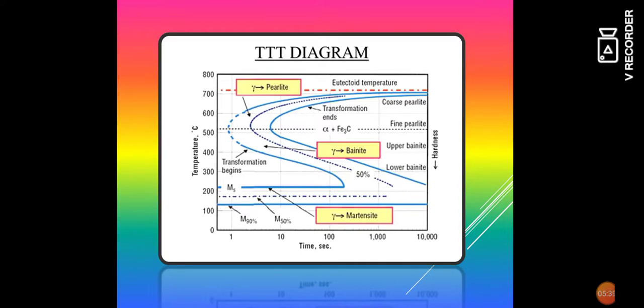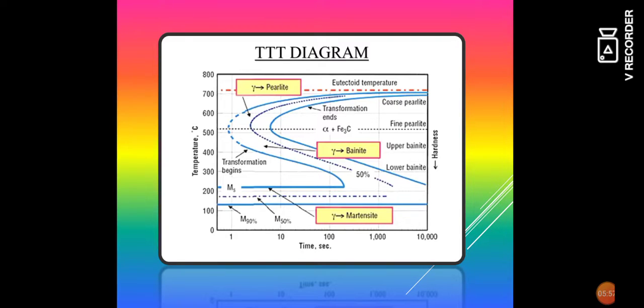This transformation is clearly indicated by two curves. The first curve is called the transformation begins curve, and the second curve is called the transformation ends curve. In between these two curves, the transformation takes place.